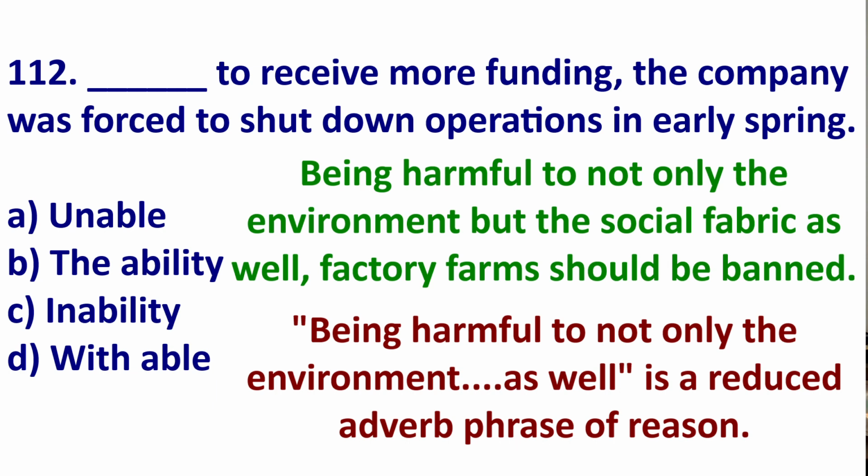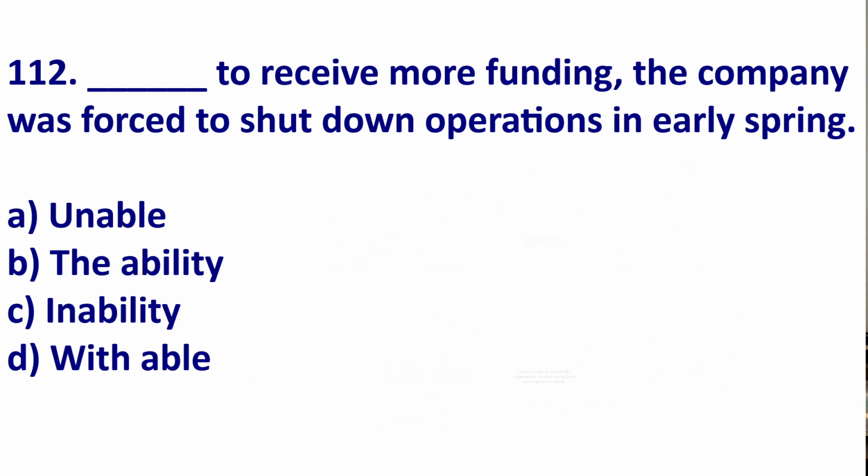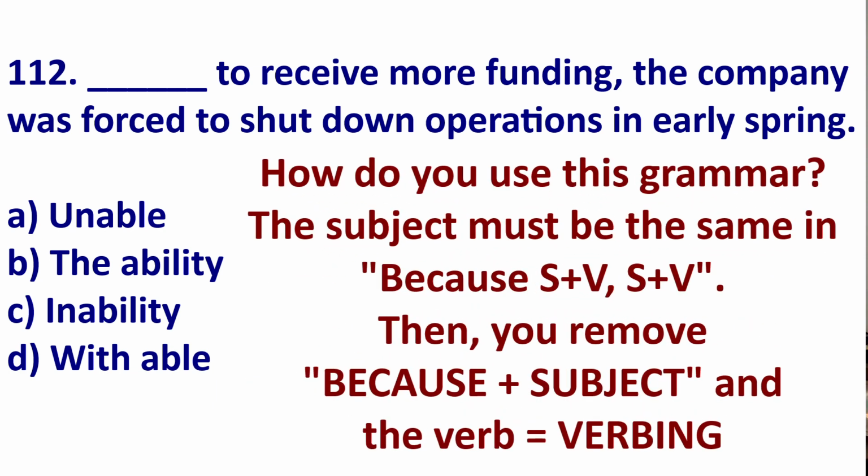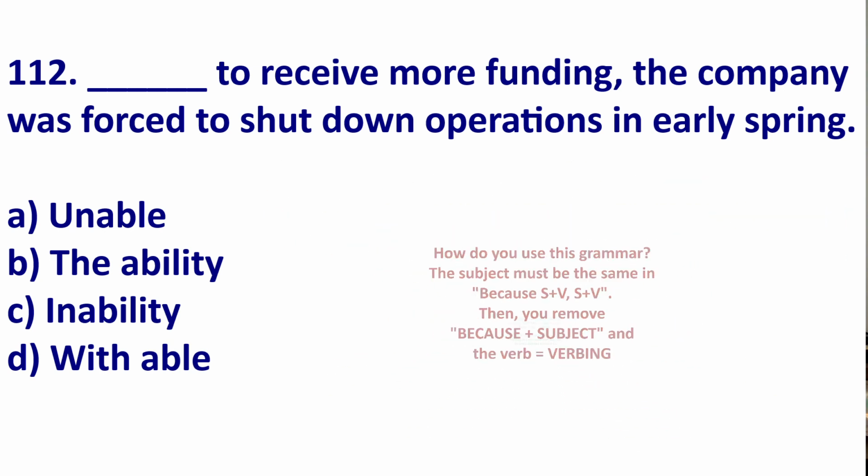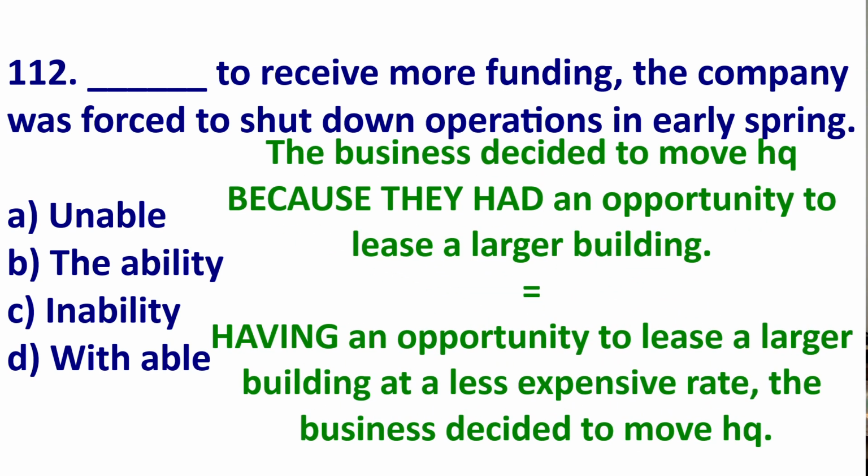How do these work? Well, if the subject is the same after because as in the main clause, you can remove the subject and turn the main verb to verb-ing. Here's another example. The business decided to move headquarters because they had an opportunity to lease a larger building at a cheaper rate. You can see the business equals they.